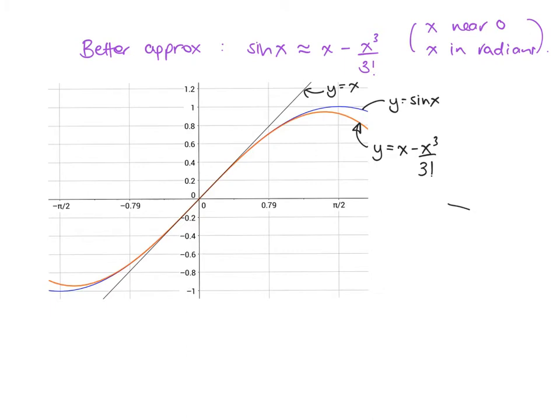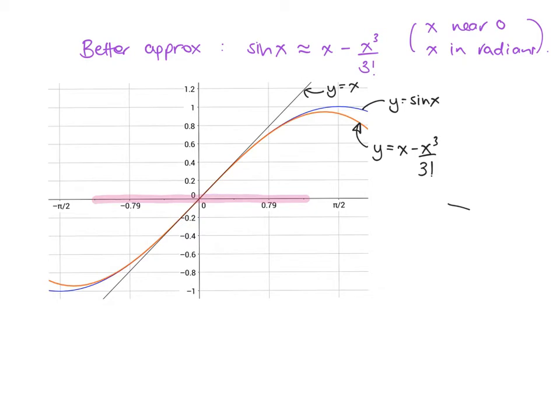And if you remember, the range that we could use successfully with our line y equals x was really only about minus 0.4 to 0.4. But if you imagine now that we're using our line x minus x cubed over 3 factorial, suddenly we get a very good approximation for values of x lying about minus 1 to 1.